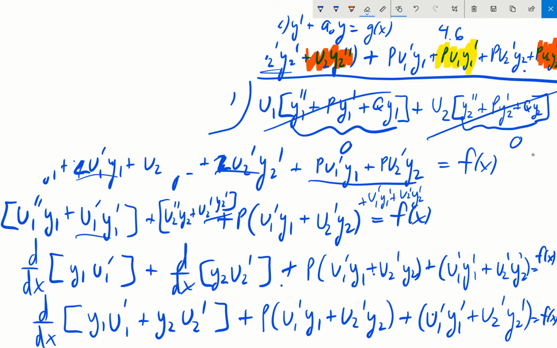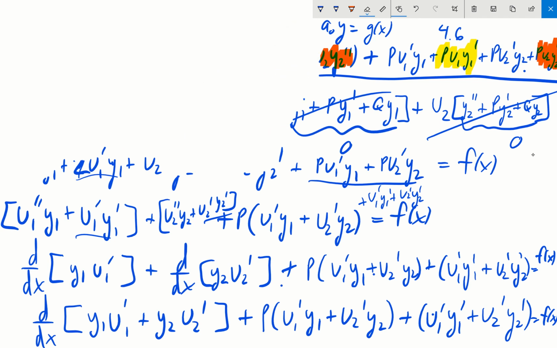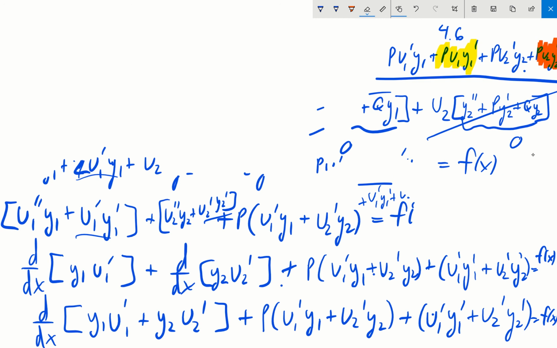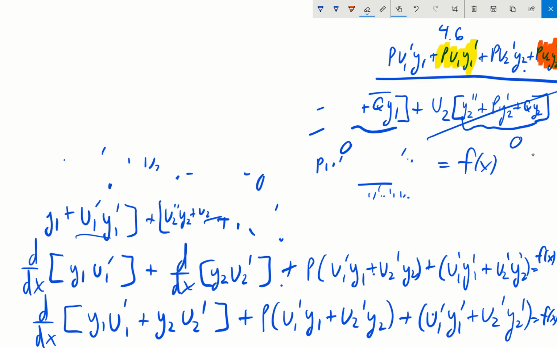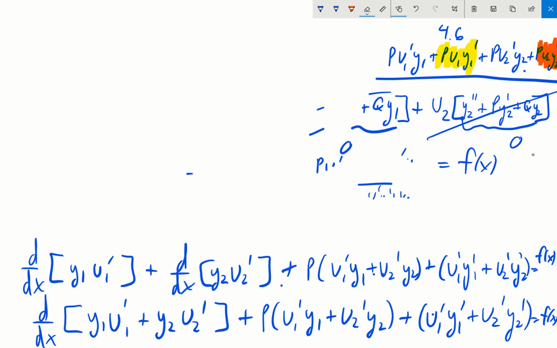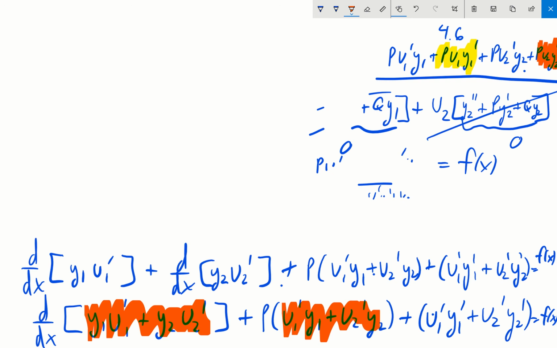At the end of the day, to find y sub p, we need to find u1 and u2. That's two variables we need to find, two functional equations, so we need two equations for this. If we look at what we have here, the thing inside this derivative and this term are the same.